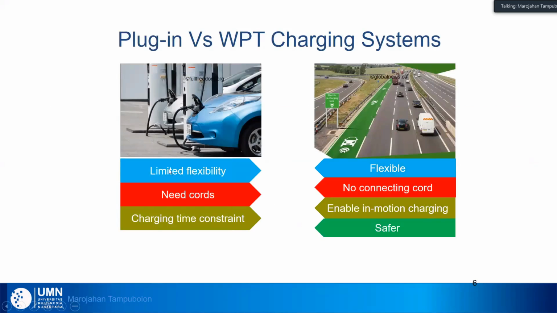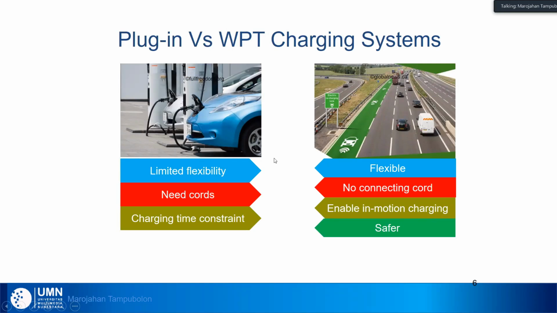Because of the development of all this technology, we need charging stations. Right now, the most common one we have is the plug-in charging system. And in the future, we expect that the wireless charging system will also be available for EVs, I mean available in public, not only in research or prototypes.